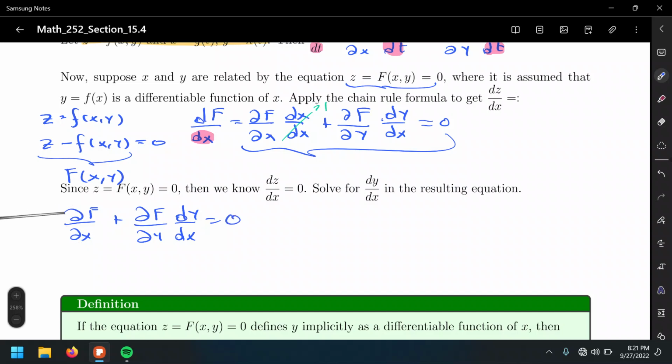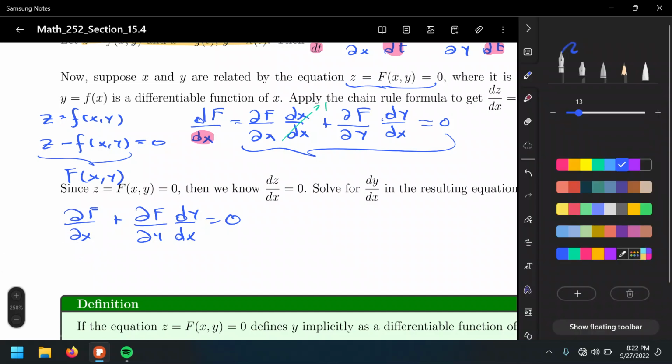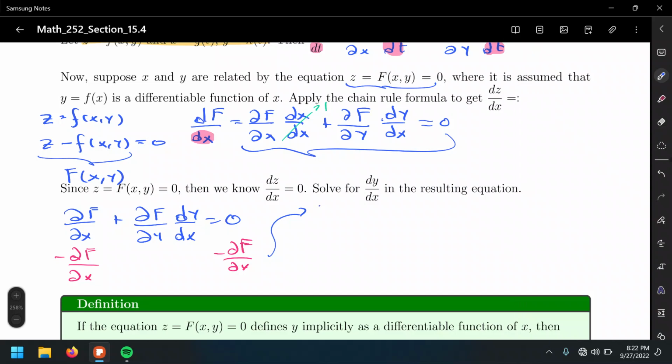So number 1, I'm going to subtract partial f with respect to x on both sides. And that's going to give us partial f with respect to y times dy dx equals negative partial f with respect to x.